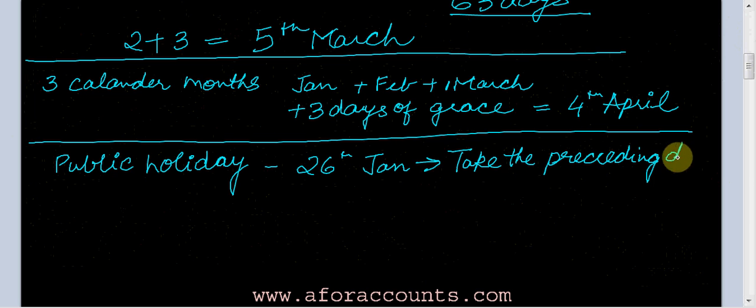Take the preceding day and your effective date will be 25th January. Now you have understood the logic.